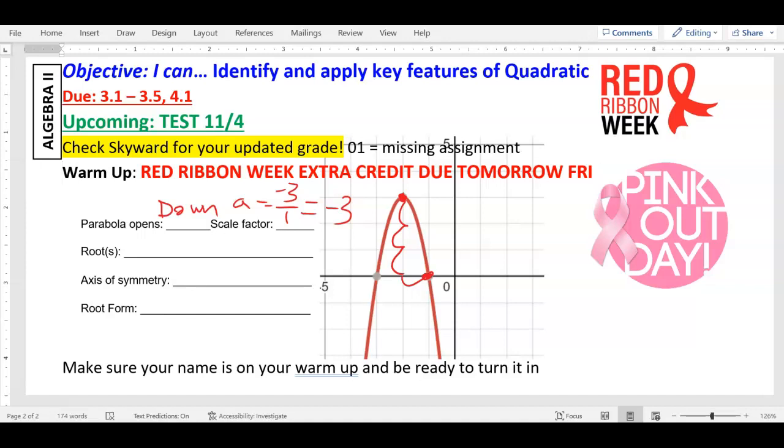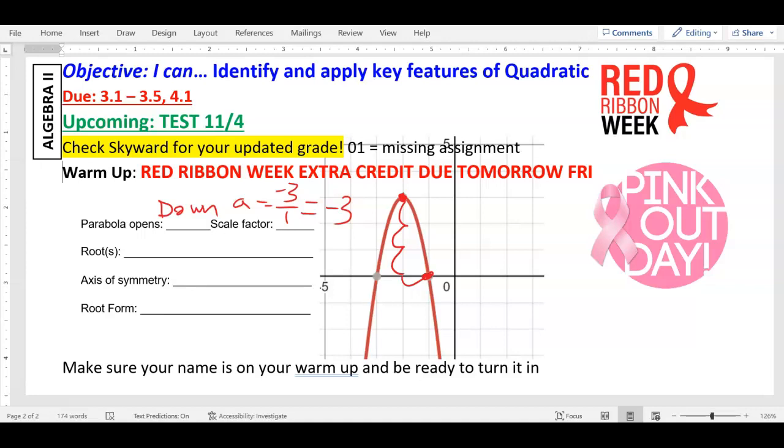Negative 3 over 1 is okay, but any number over 1 is a whole number, so negative 3 is fine. But if you were doing slope of a linear equation, which is not this unit, it could be something else.